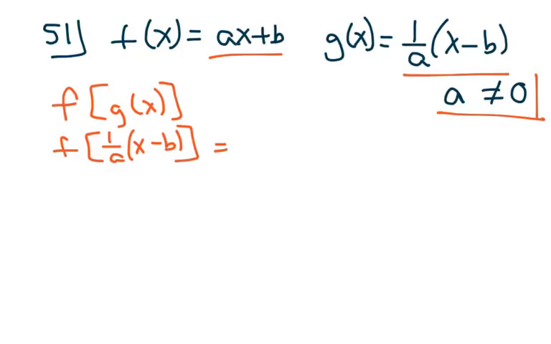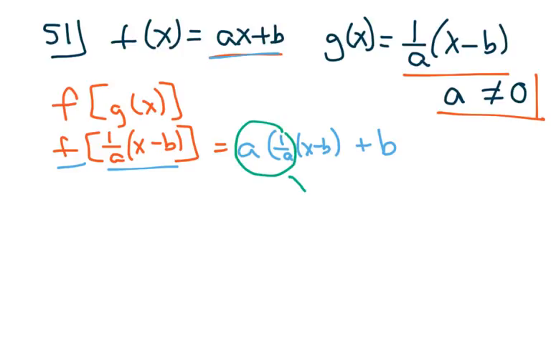So I'm going to write down my f, which is ax, but for the x I'm going to put parentheses, plus b. And I'm going to dump in g of x, which is 1 over a, x minus b. Again, this equals 1, so you're just going to get x minus b plus b. That equals x.